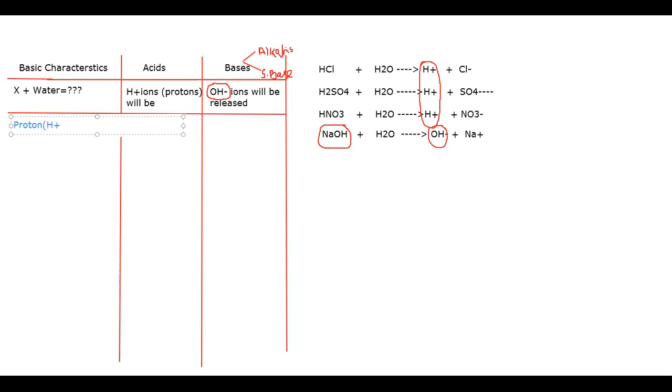According to that theory, acids basically release the hydrogen ion, so they are called proton donors. Acids are regarded as proton donors.